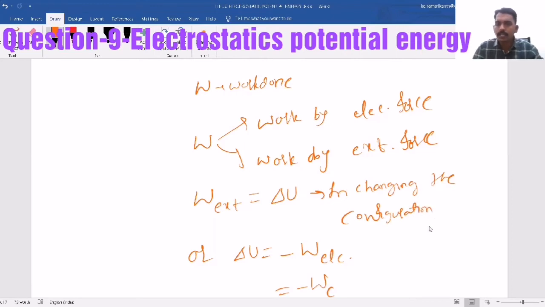So when they change the configuration, it means you are moving from one point to another point, that means there is a work done. That work done will be stored as potential energy and it is related to electrostatics. That's why we call it electrostatic potential energy. So revise all these things.